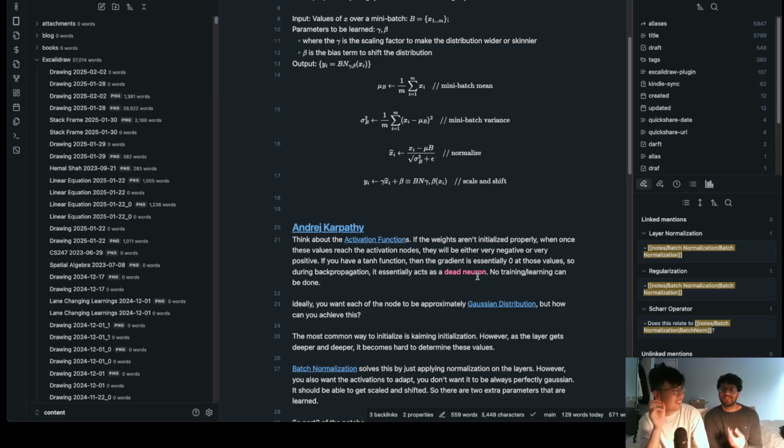Okay, never mind. Here it is. It's more complicated. Scale and shift. So yeah, you take the mean of the batch, and then you take the variance, and then you normalize it, and then you scale and shift it. I guess you have the answer right there.